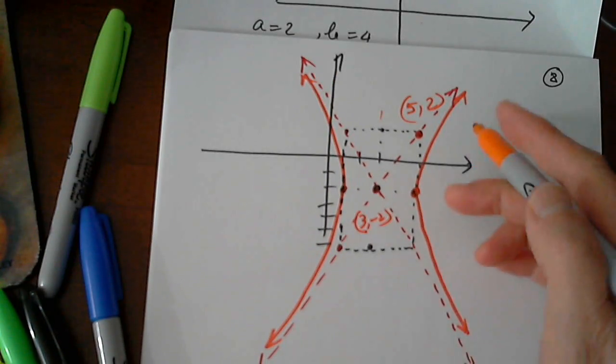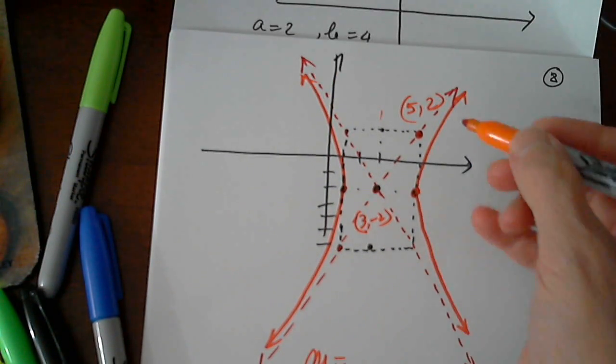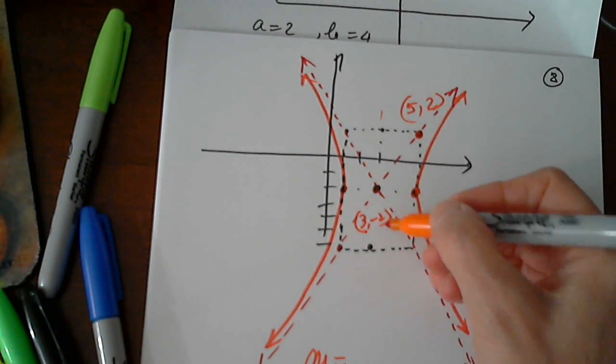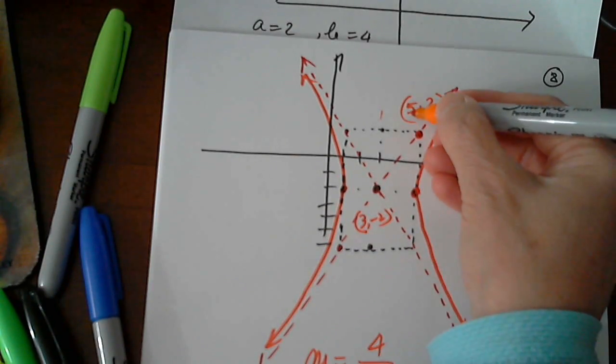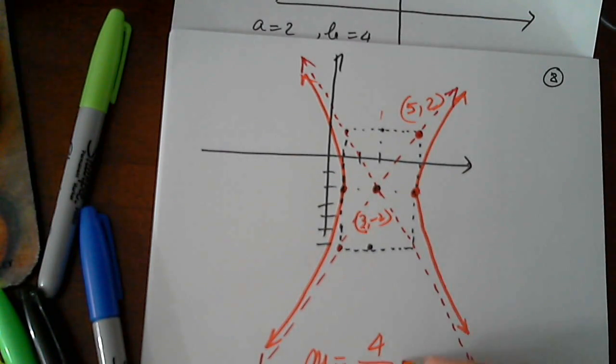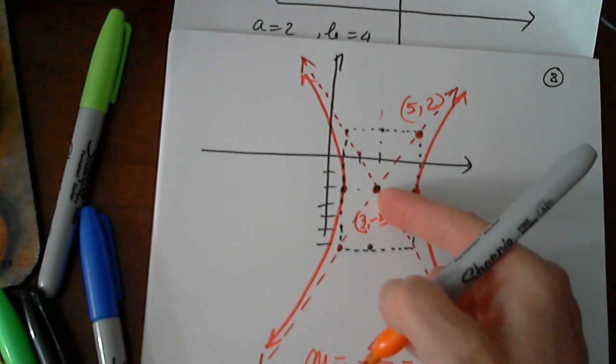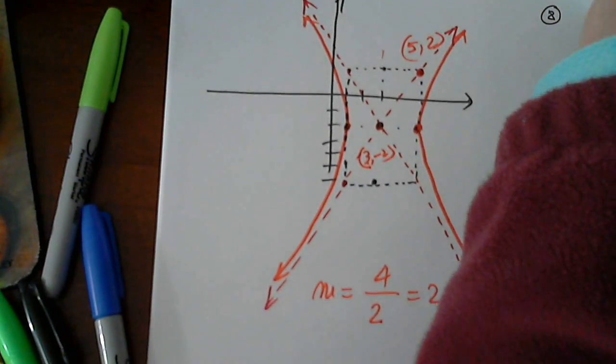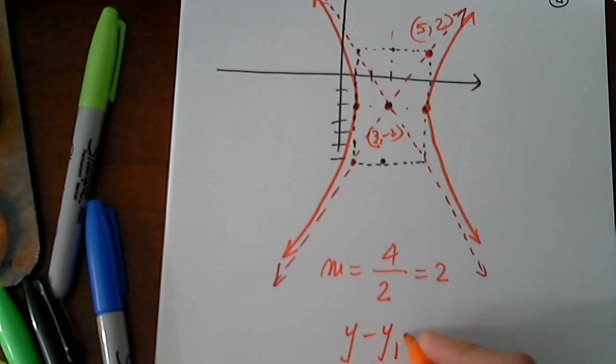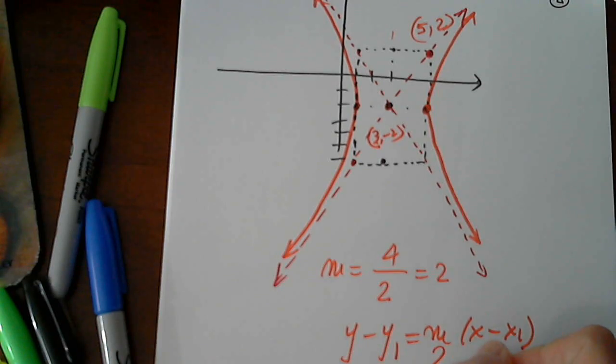So I have 2 points, and I find the slope. y2 minus y1, 4, over x2 minus x1, 2. So the slope is 2. And I have 1 point, or any. So I have y minus y1 equals the slope times x minus x1, where the slope is 2, and 1 point is (3, -2).